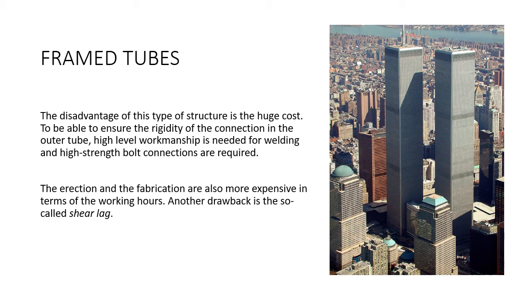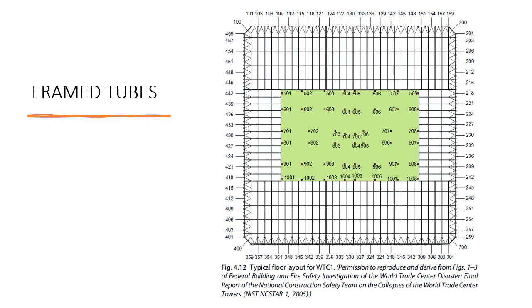The picture in this report is the Twin Towers in America. This is known for the collapse, known for the terrorist attack in September 11. So this is the typical floor layout of the World Trade Center.